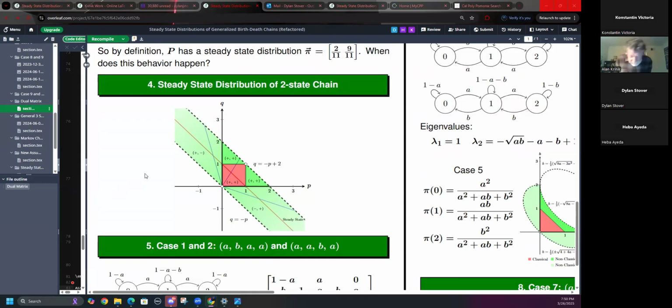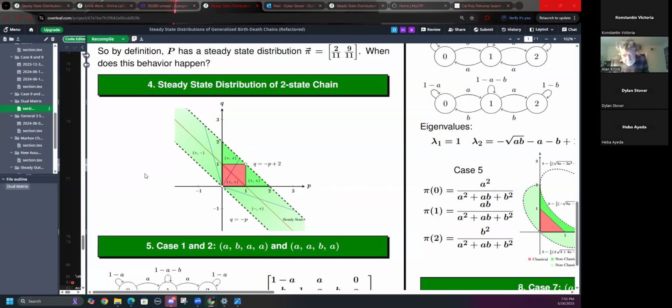this diagram has a lot of information to unpack, but basically the green region and the red region includes all the P and Q pairs that give a steady state distribution for the matrix in the previous slide. The entries inside the red square are the ones that give conventional steady state distribution, which means the steady state entries are positive and the P and Q values are between 0 and 1.